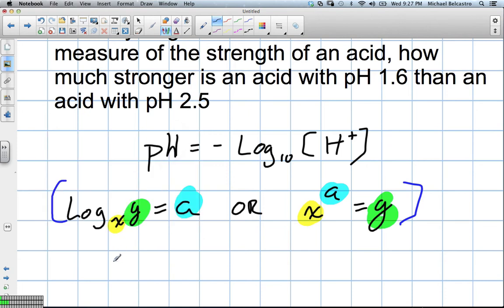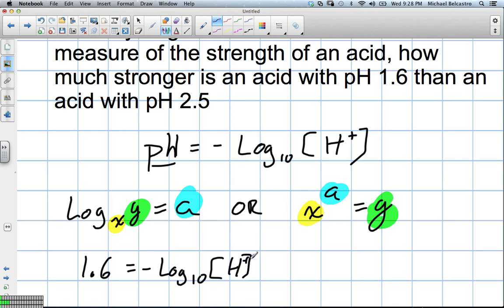Okay, so in the first one, pH is 1.6, so that means 1.6, that's our pH, is equal to negative log 10, and we're looking for our H plus, which is exactly what we just did in the previous question. And the other one, 2.5, is equal to our negative log base 10 of H plus, right?